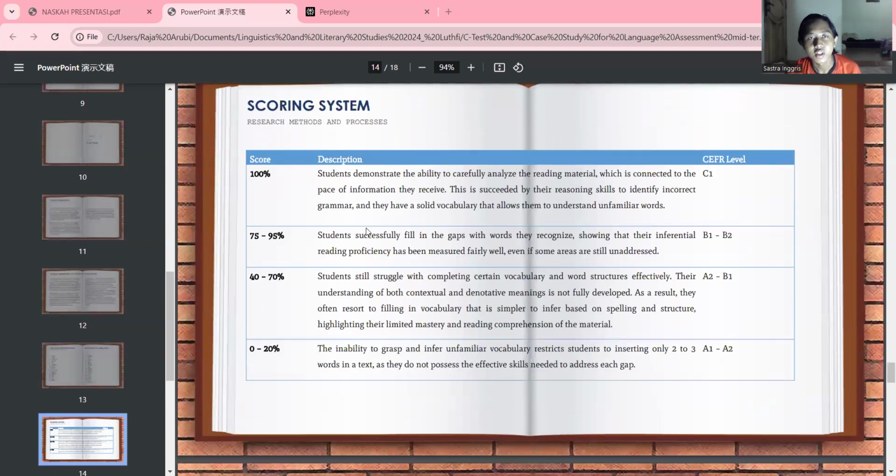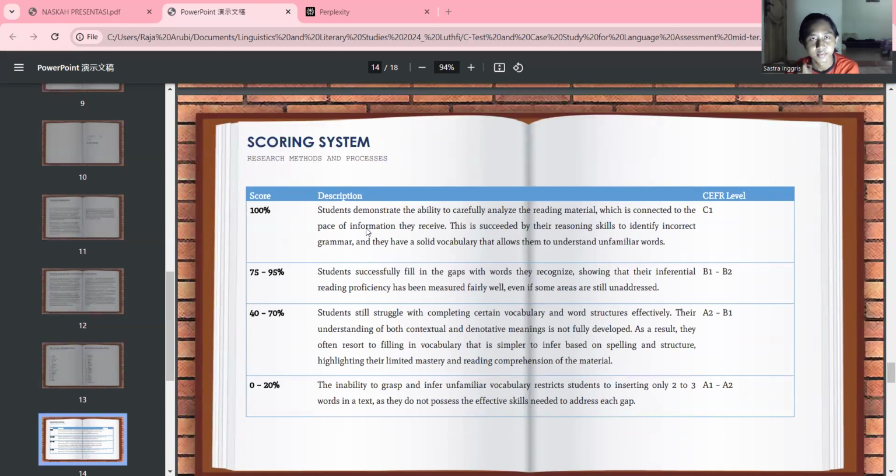Okay, we move into the scoring system. For the scoring system, I just made it a percentage, yeah.